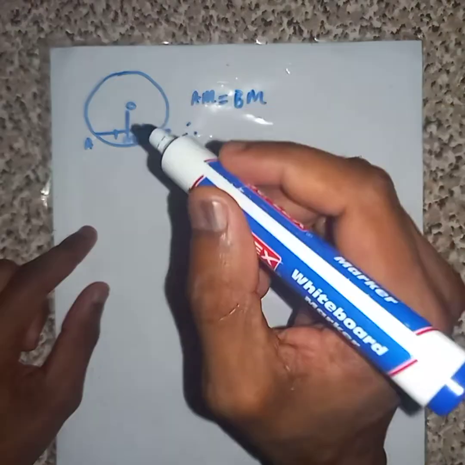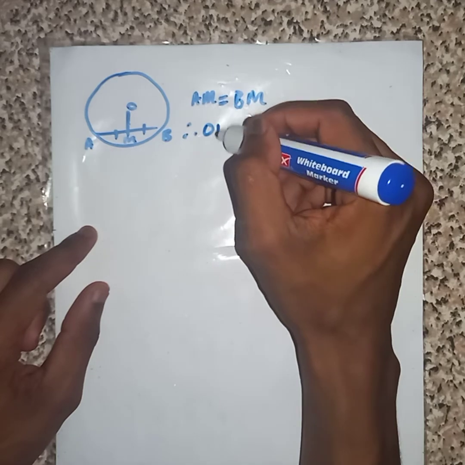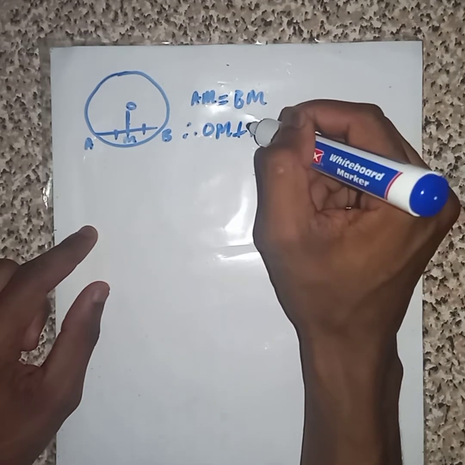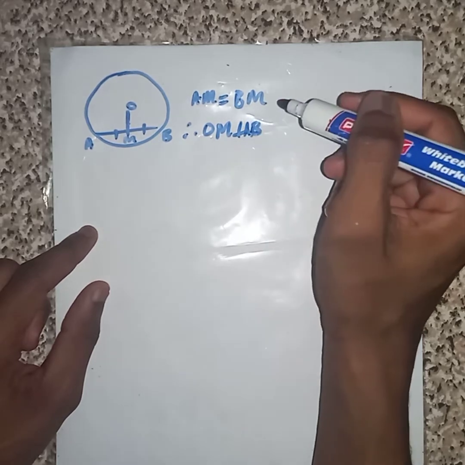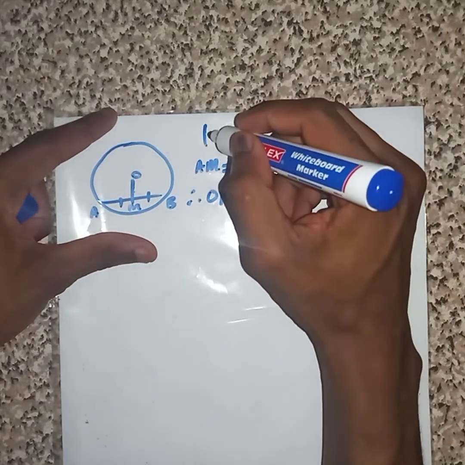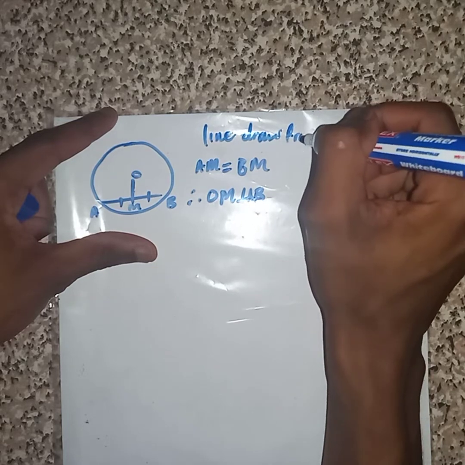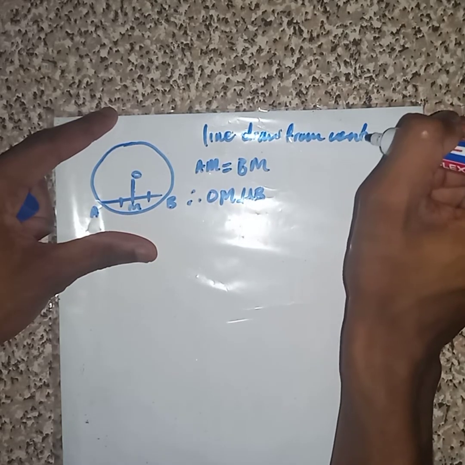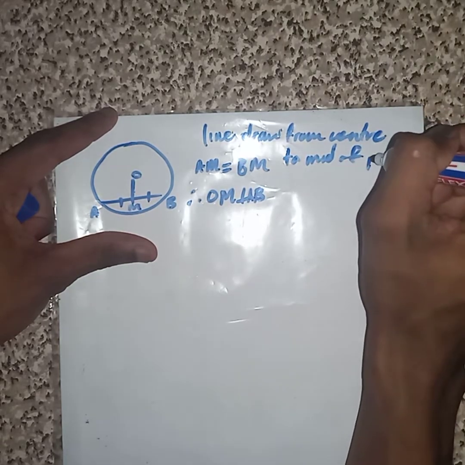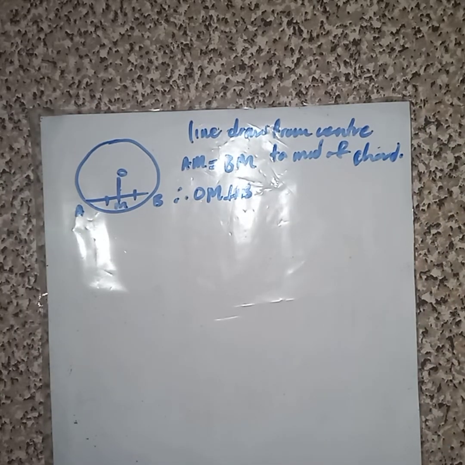Therefore, we already proved that OM is going to be perpendicular to, let's say, AB. Your reason now is going to be: line drawn from center to midpoint of chord. See, midpoint of the chord.